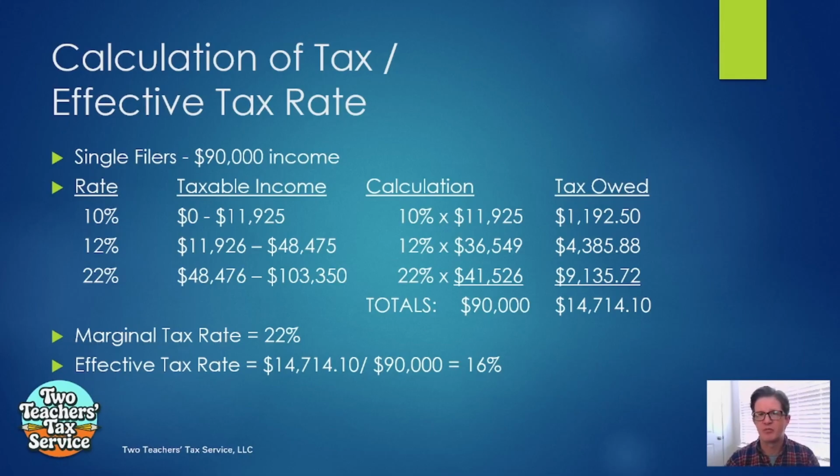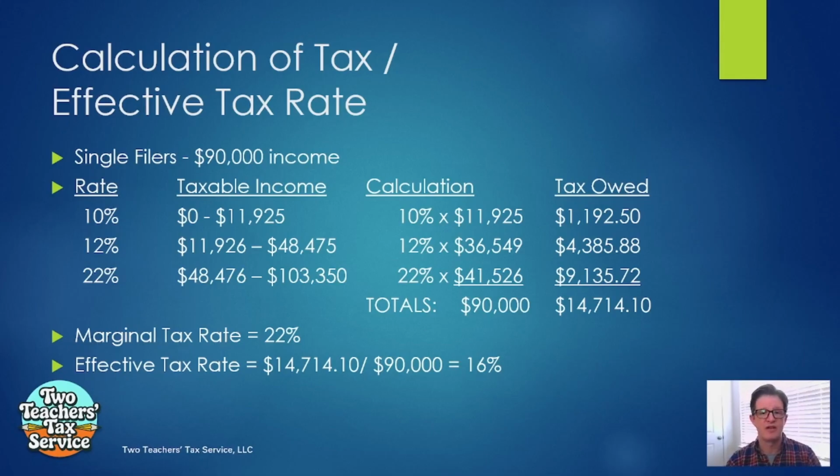In the 12% bracket, they pay tax on income between $11,926 and $48,475. The difference between those two numbers is $36,549, which is taxed at the 12% rate for total tax owed of $4,385.88 in that 12% layer.